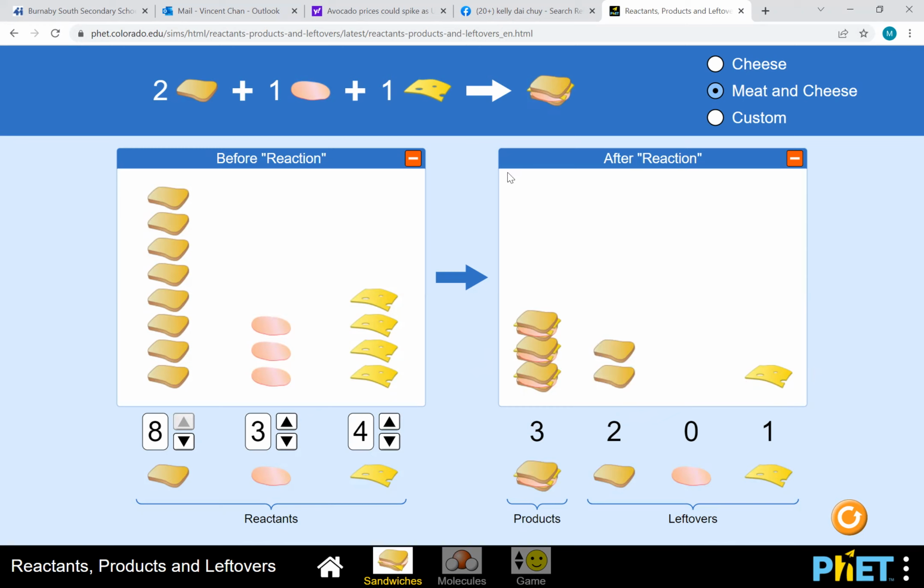For example, for 3 slices of meat, I need 6 slices of bread because of the 1:2 ratio. Since I was given 8 slices originally, 8 minus 6 would give me 2. And that's the same mindset as what you have here.